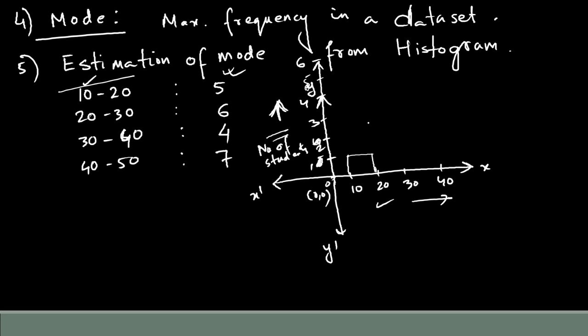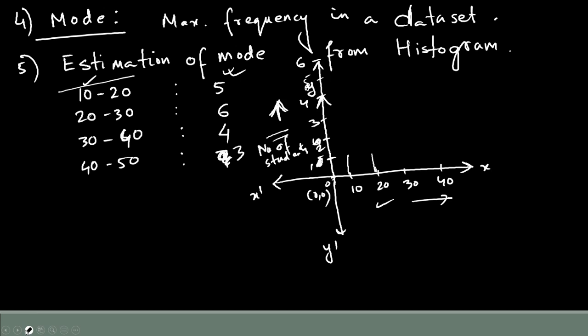Let me change this number to 3. So 10 to 20 is 5. Just give me 1 second. I will just erase this, it will be clear.